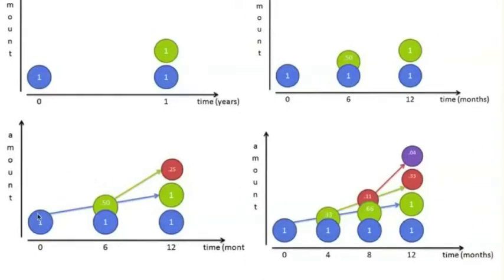So in graph number 3, we see we have a $1 here and then $1.50 here, which we mentioned before. But because this 50 cents has the possibility of gaining interest, by the time 1 year has completed, which is 12 months, we have $2.25.